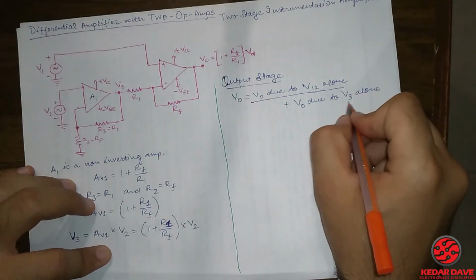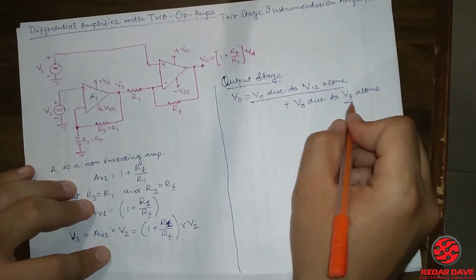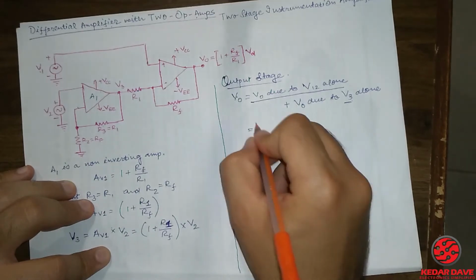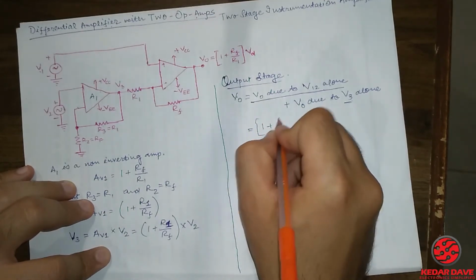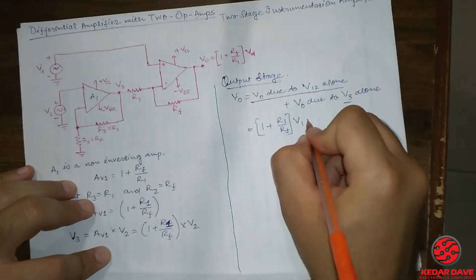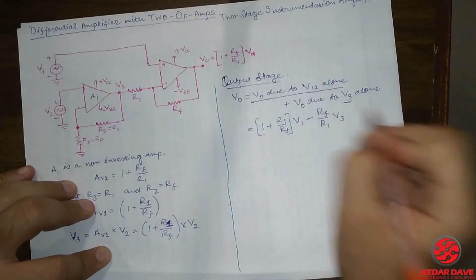How much the amplification will be given by this V3 alone. So substituting all these terms, 1 plus RF divided by R1 multiplied by V1 minus RF divided by R1 multiplied by V3.